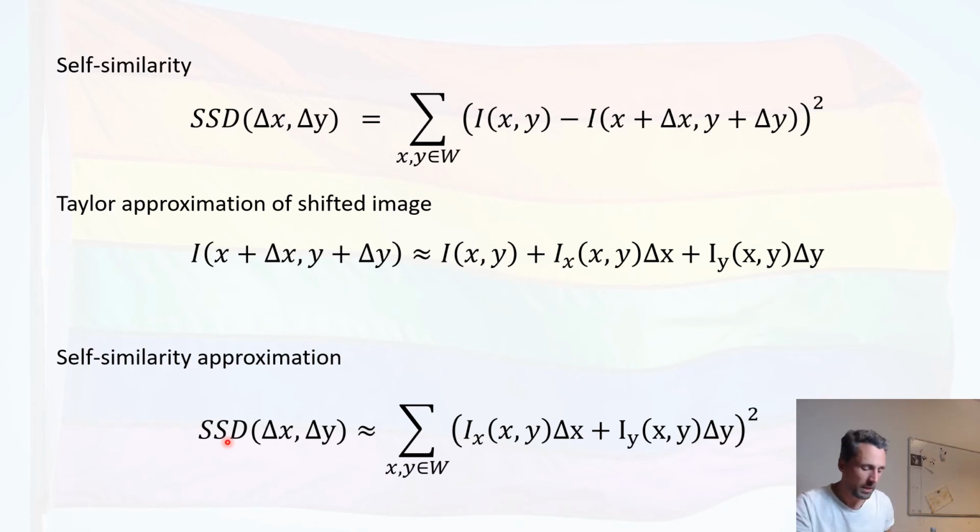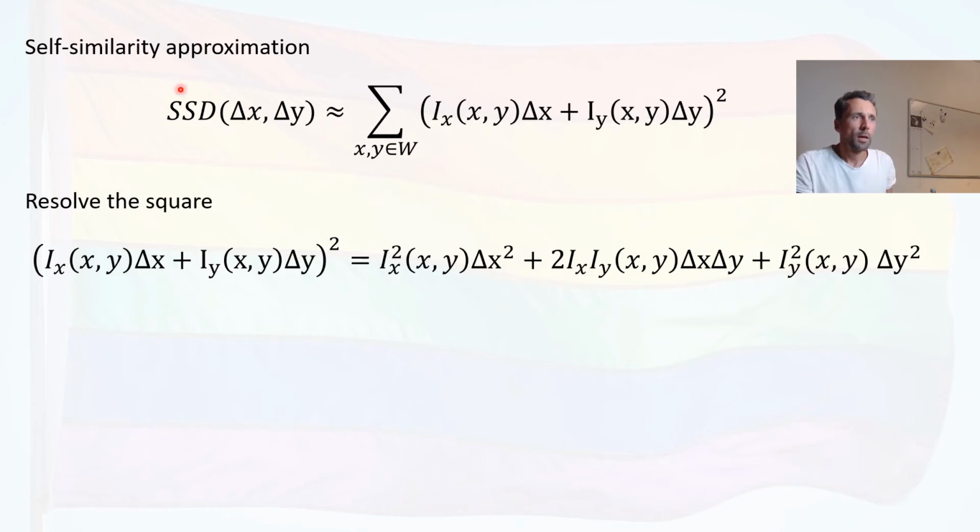So intuitively, even that approximation makes sense. Now, let's continue this. We can just resolve the square, right? So this would be that part squared plus 2 times this plus this squared. I just put it here.